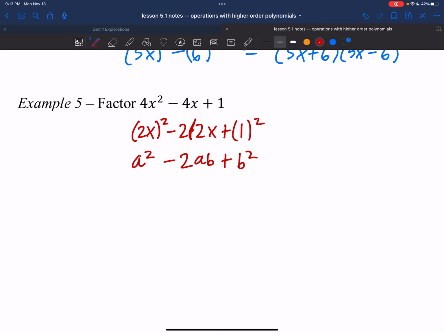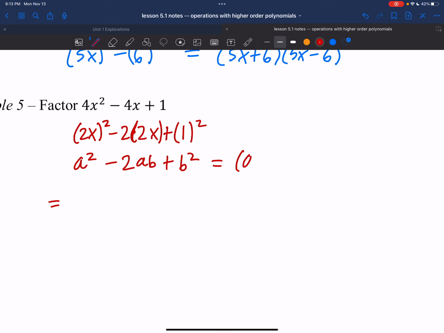Because it's 2 times 2x. This is 2x times 1, right? So anyway, this follows a quadratic factoring pattern. This is set equal to a minus b quantity squared, because that's how perfect square trinomials factor. So that means that this whole thing equals 2x plus 1 squared. And there it is.